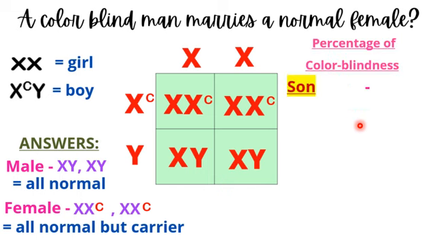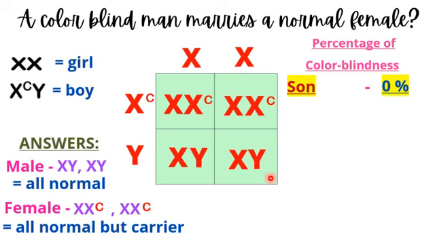First, we have the son. The son has 0%. Why? When you say son, it refers to male. And look at the Punnett square. In the Punnett square, we only have two males. How do we say so? Because a male has X and Y chromosomes, right?